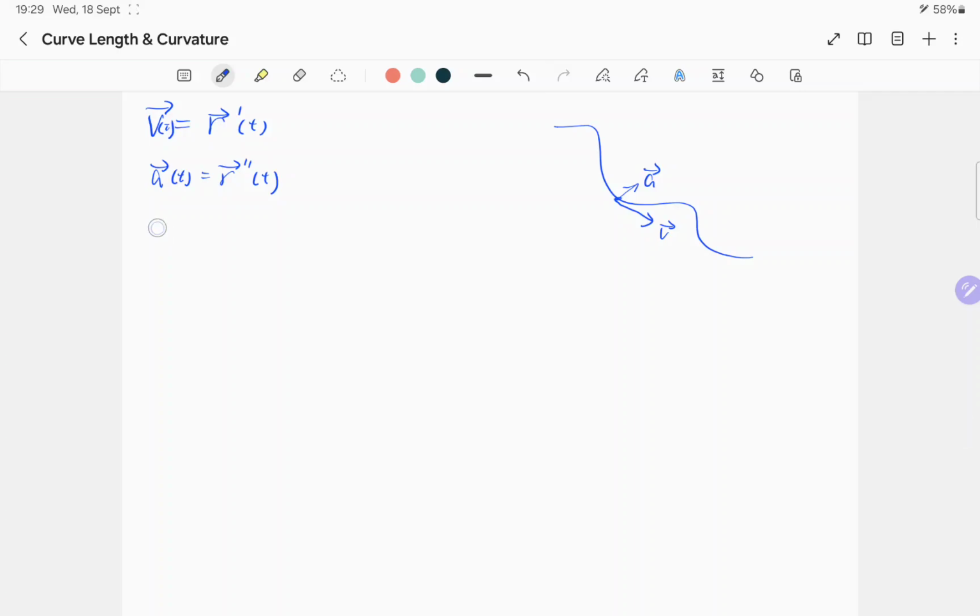Let's see the tangential component first. The tangential component is actually the projection of a onto v, which means we want to project r double prime onto r prime. So we know how to find the magnitude of a projection: that is the dot product of r prime and r double prime divided by the magnitude of r prime.